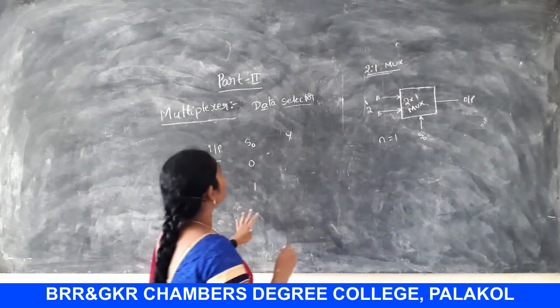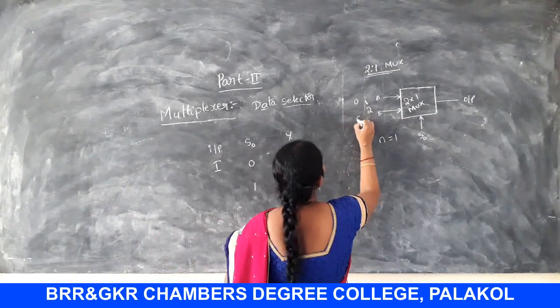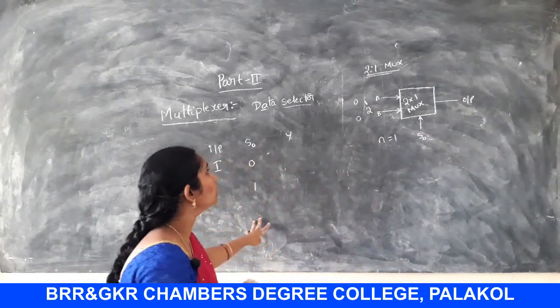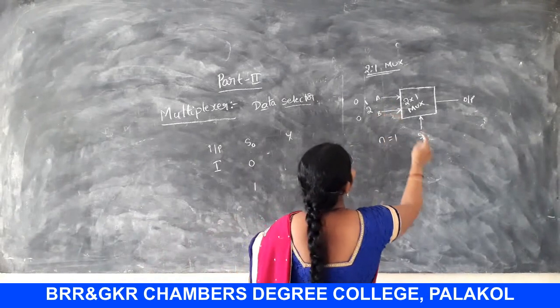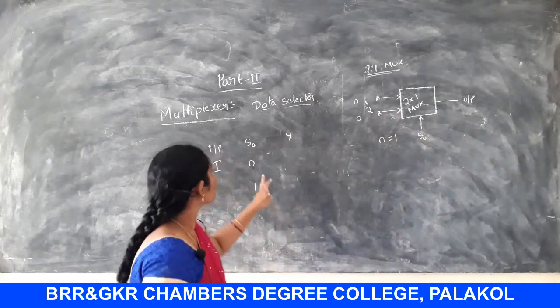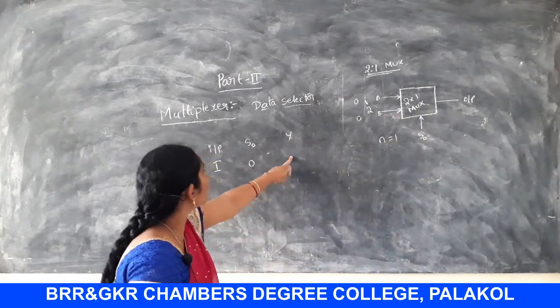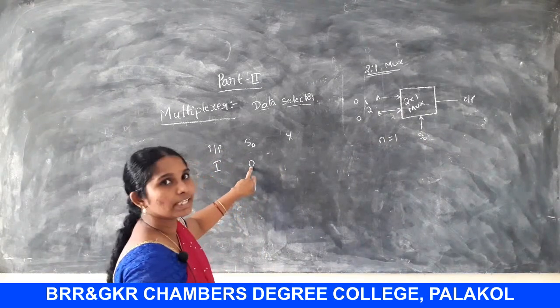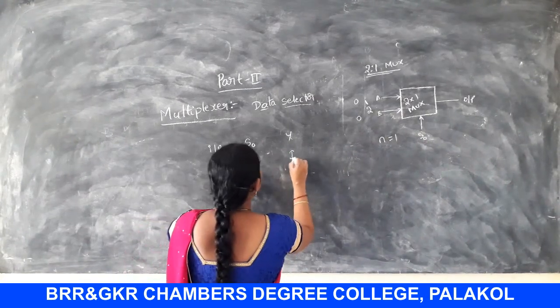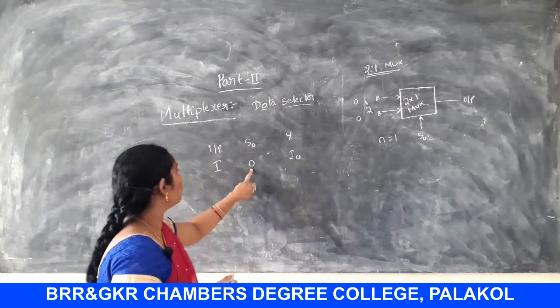That means whenever I apply 0 as an input, it will select the one input. So it will produce the output I0.